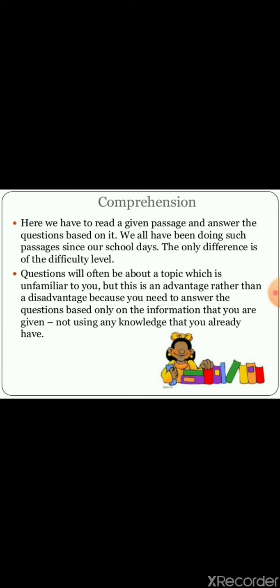Means what is in the box, you need to use the same information. No need to go out of the box. Don't think out of the box, because you need to match your clue with the information that has been asked or demanded. This is the tip for doing comprehension when we are doing comprehension based on MCQ culture.